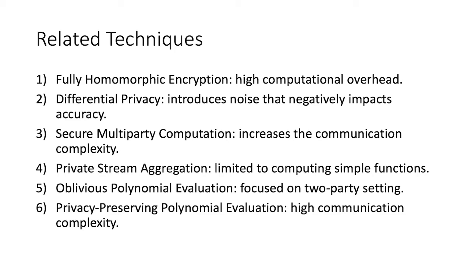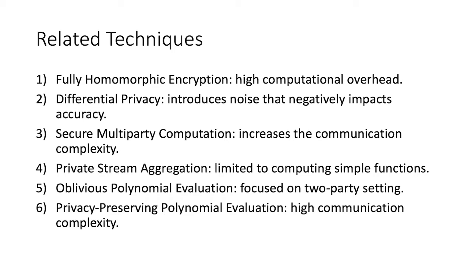Another technique you could use is differential privacy. However, using differential privacy would introduce noise that would negatively impact the overall accuracy of any data analysis performed. Another technique you could use is secure multi-party computation. However, naively applying this technique would dramatically increase the communication overhead of the protocol and make it impractical to be deployed in the wild.